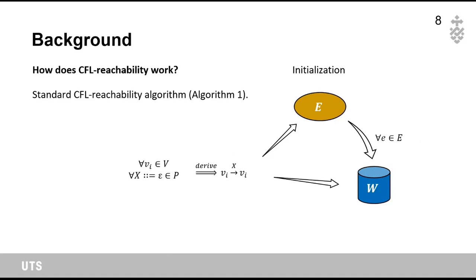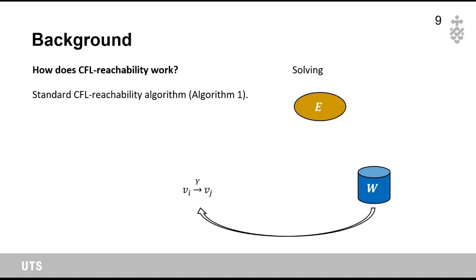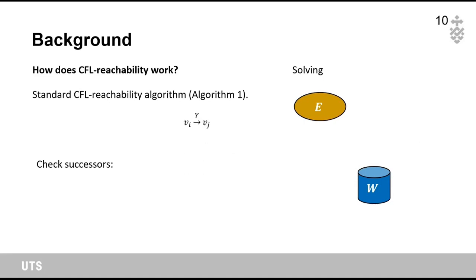While solving reachability relations, the algorithm iteratively pops an edge from the work list, processes it, and adds the new edges into the graph and into the work list, until the work list is empty. Specifically, the algorithm will derive new edges from the edge being processed and its adjacent edges according to the production rules. If the newly derived edge is not already in the graph, it will be added to the graph and to the work list. Otherwise, it will be discarded.